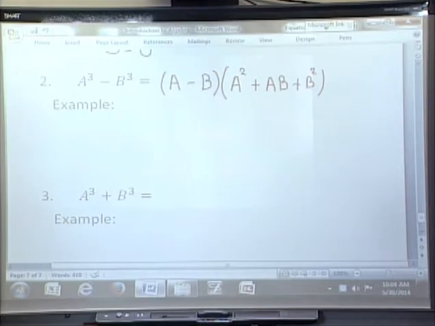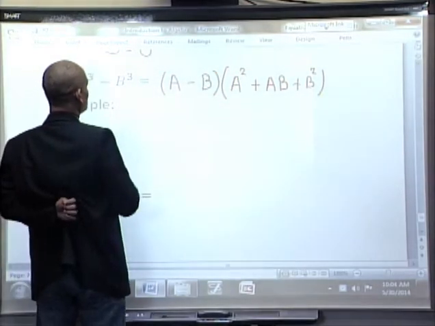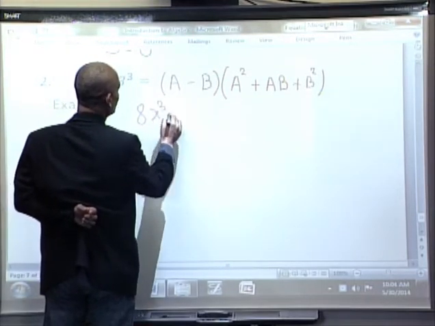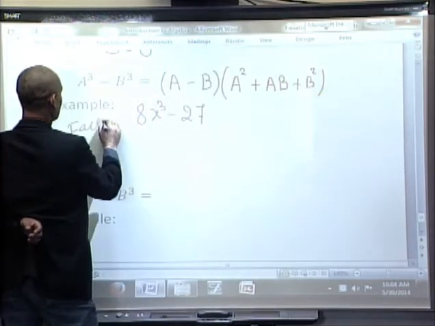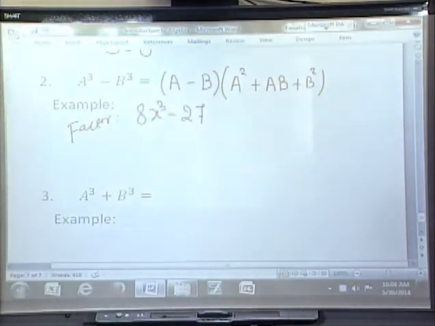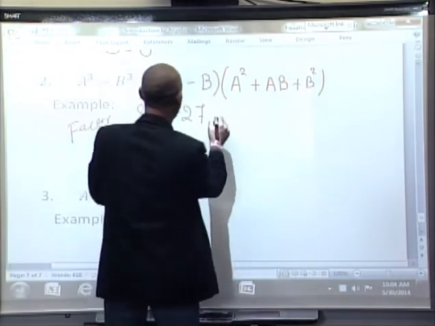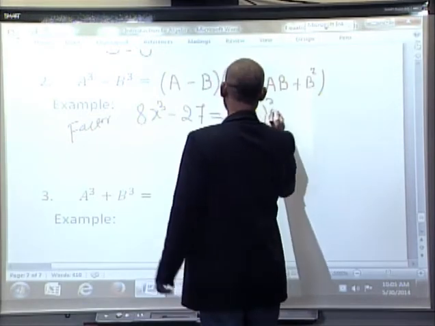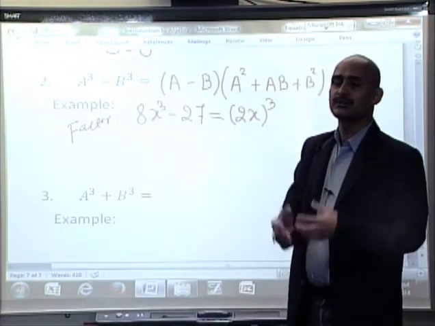Okay. What do I mean by this? Let's look at one example. Suppose I want to factor 8x cubed minus 27. If you know this formula, you will immediately realize this expression is nothing more than the cube of 2x. 8 is the cube of 2, 2 times 2 times 2 is 8, and x cubed is x times x times x.